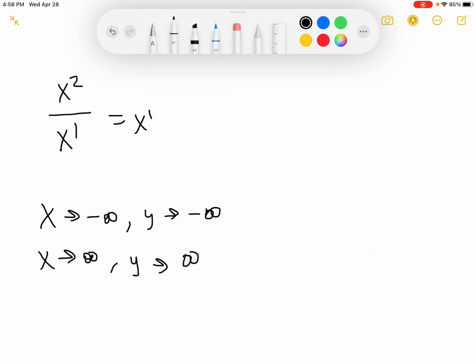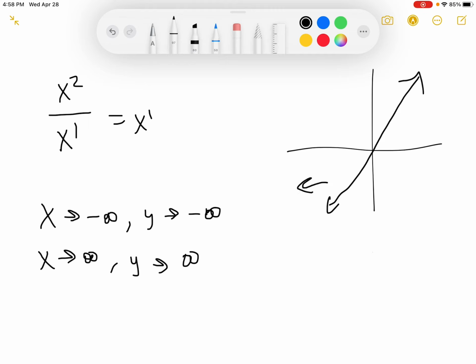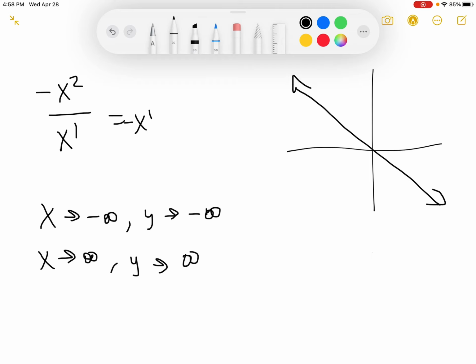But that makes sense, doesn't it? Because if you were to graph this, we can see as x goes to negative infinity, y does too. And the same thing if x goes to positive infinity, y goes to positive infinity as well. So if this happened to be negative, then that would make this negative, and we would see that instead it would look like this, which means that it would be opposite.